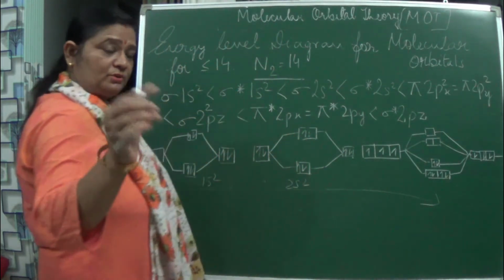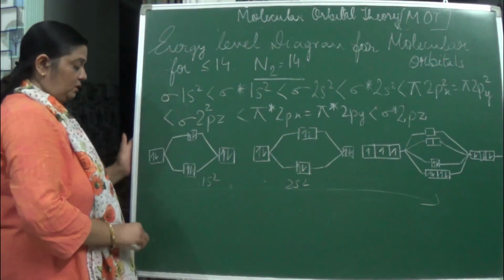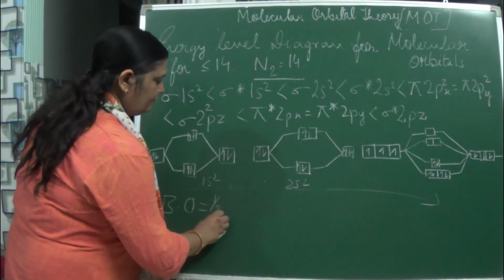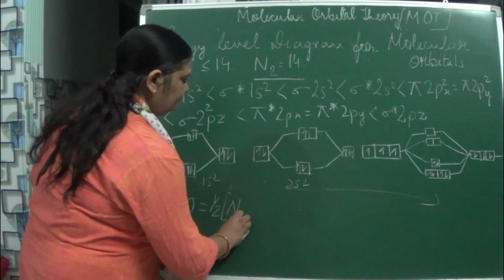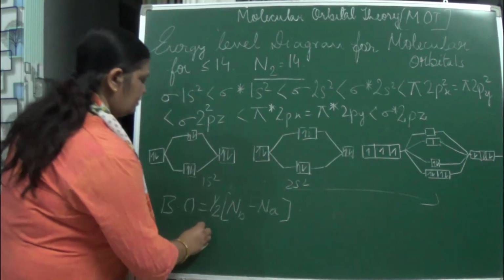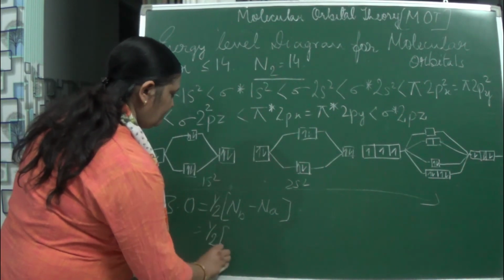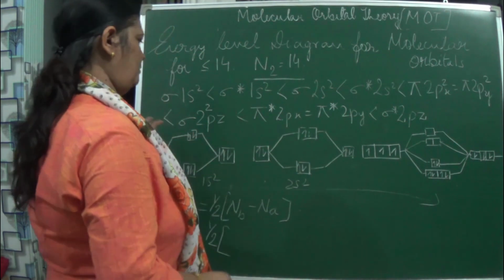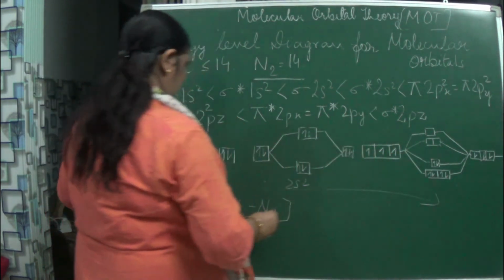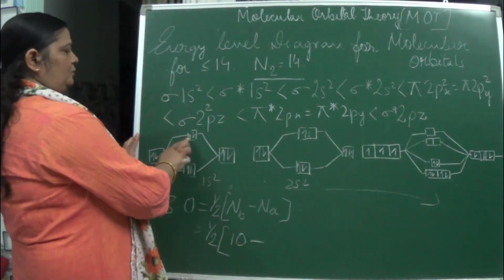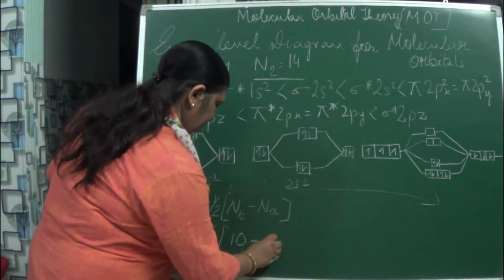Okay, so now let us take out the bond order. I said to you, half of Nb minus Na, this formula we used. So half, and bonding: 2 plus 2, 4, 4 plus 6, 10, minus anti-bonding 2 plus 2, 4.